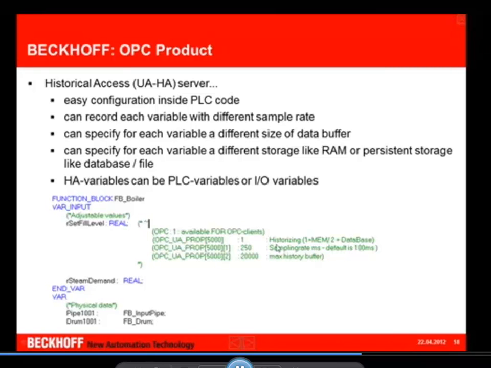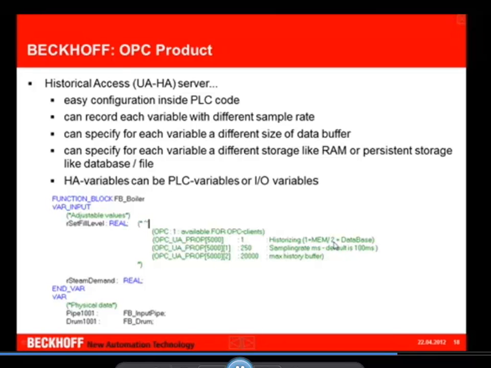It's stored in the memory. We have a sample rate of 250 milliseconds, and we store 20,000 record sets of this specific variable, including the value but also the timestamp. So doing this, the PLC will store all the data, and you can configure whether it is stored in the RAM, in which case it would not be persistent, or whether it should be stored in a local database.